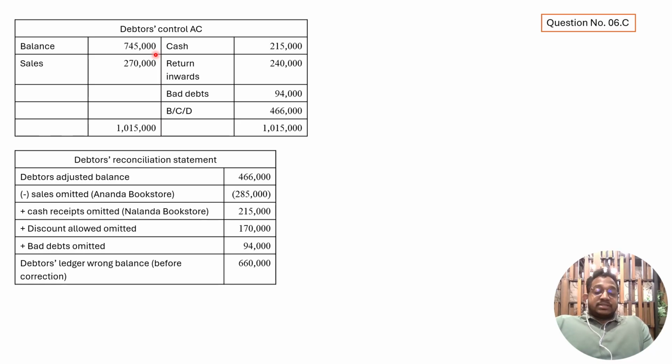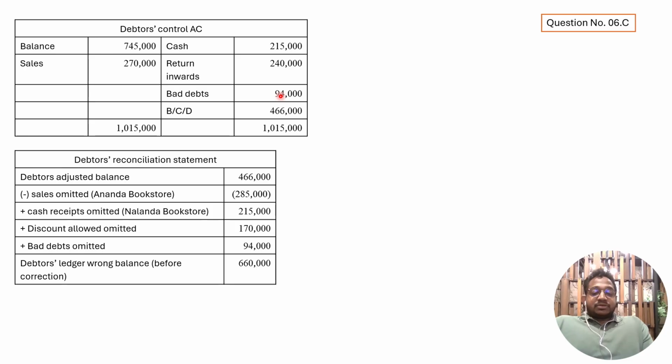The correct sales is 2,745, but they recorded that as 2,475. So the sales were understated, and that amount you should debit to the debtors control account. And the cash receipts were fully omitted, and that should be credited to the debtors control account.